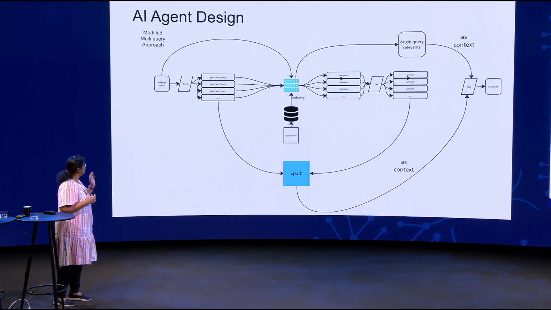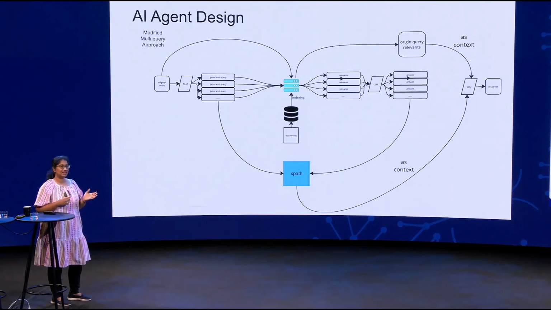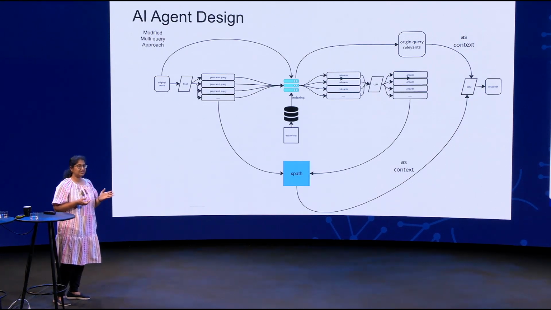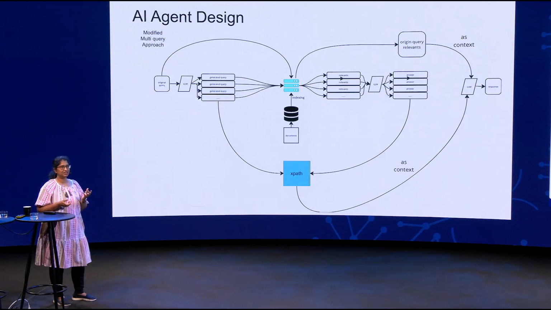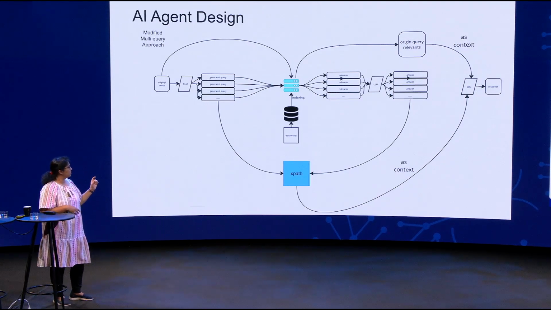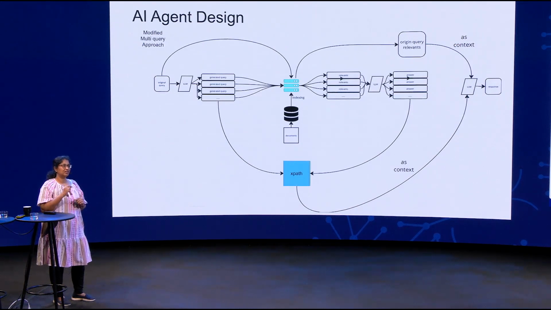Here, once we get the query, we ask the LLM to generate a few similar queries. Once the LLM generates similar queries, we query against the vector database, which gives us the related XPaths. We aggregate all the XPaths and use that as context for these generated queries, for which we ask the LLM to pick the right XPath.